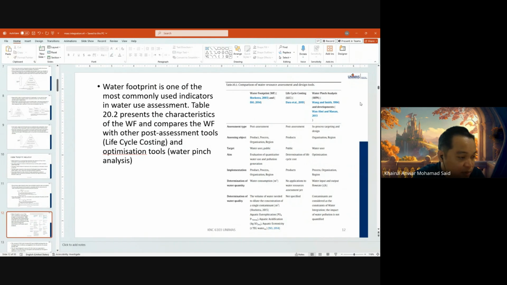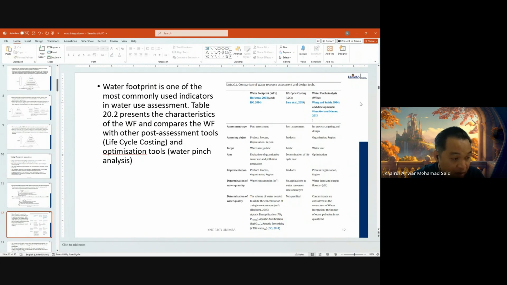I will explain two first: water footprint and water pinch analysis. The primary aim of water footprint, or WF in short form, is to evaluate quantitative water use and quantify pollution generation over a life cycle.